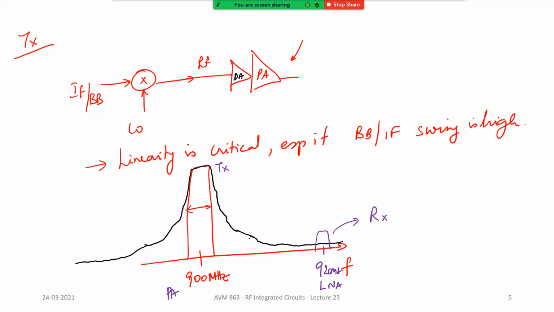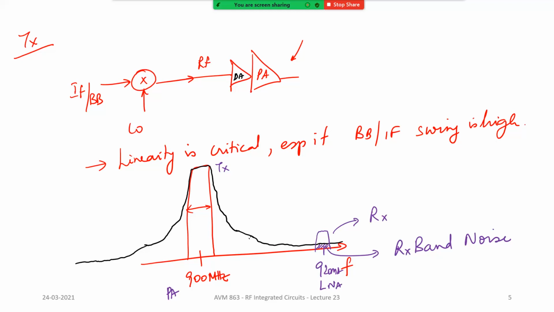I mean, there are other things like TX to RX isolation and other things. We will look at it when we look at PAs and transmitter side in more detail. But here, what happens is this noise is what is called receive band noise. Many times this becomes a parameter, or a specification which you need to meet.